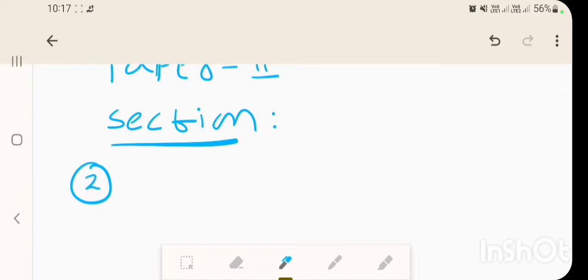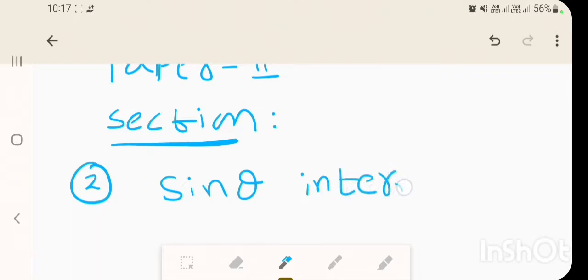What they have asked is: show that, write sin theta in terms of tan theta.